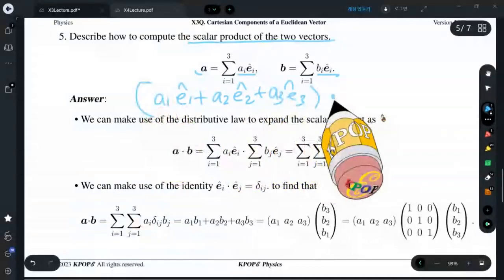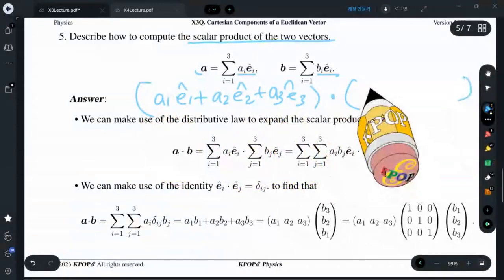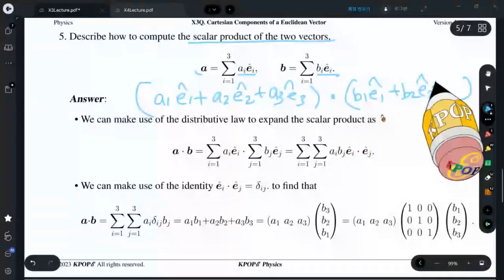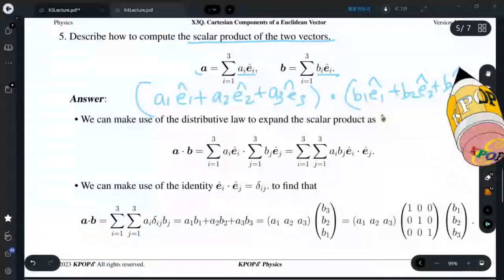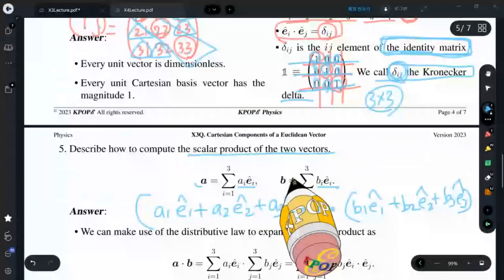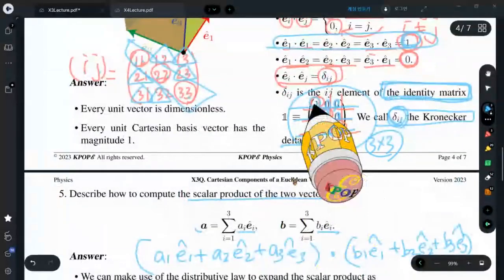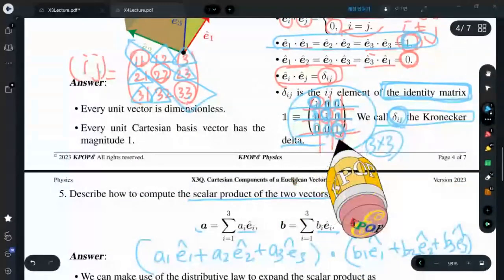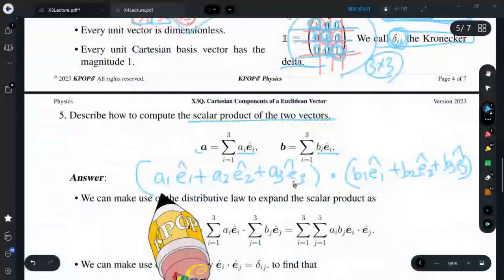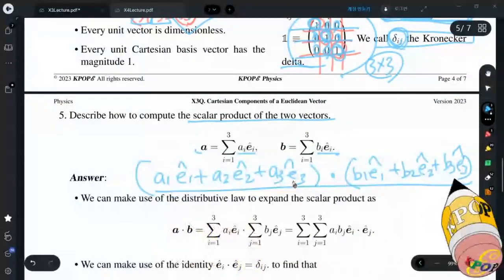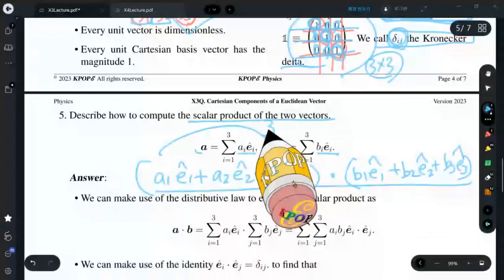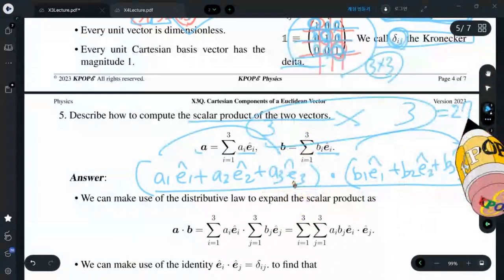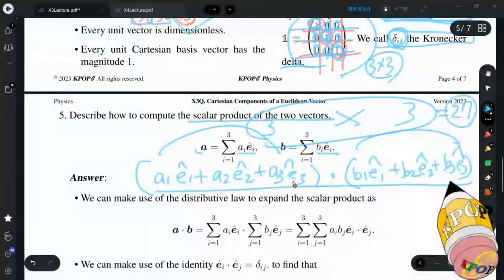And if I take the scalar product, B1 E1, B2 E2, and B3 E3, what happens? Our multiplication shows that they are always zero except for the diagonal components. So if I multiply this scalar product, we have three terms times three terms, so there should be 27 terms in the expansion.